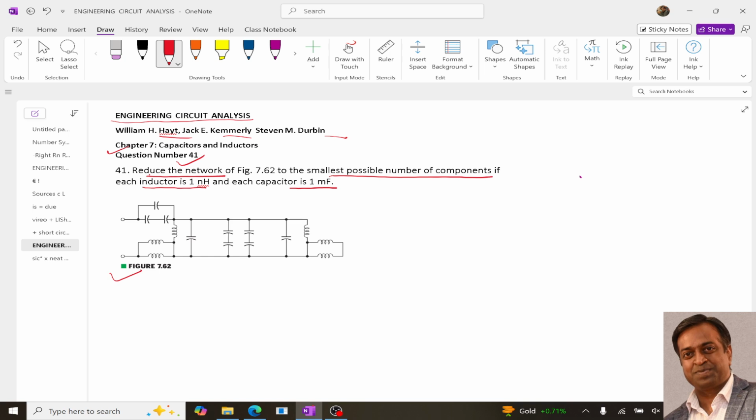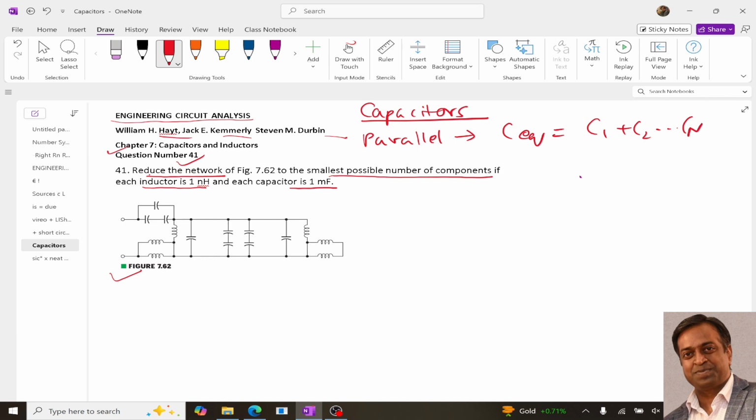So over here we simply need to use the formulas to get the equivalent capacitor and equivalent inductor. Just a quick revision: for capacitors in parallel, C equivalent is C1 plus C2 up to Cn.